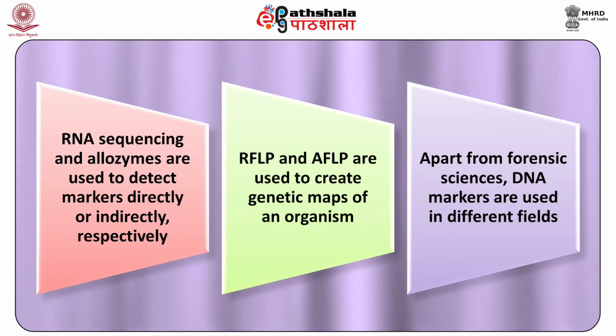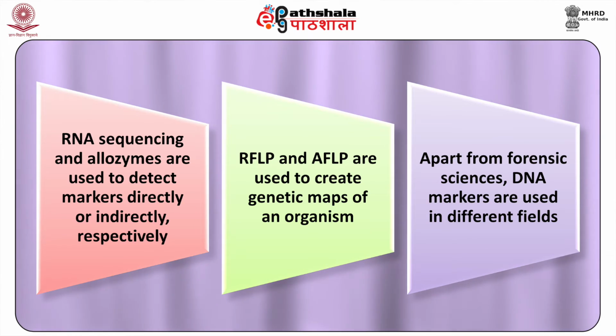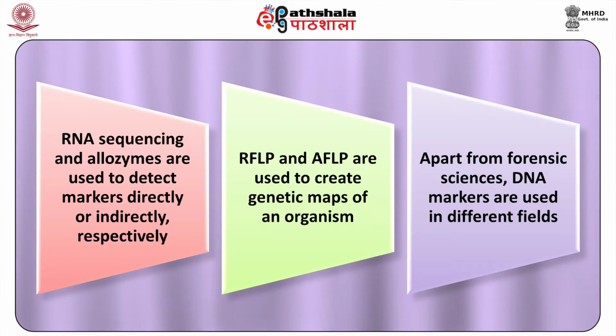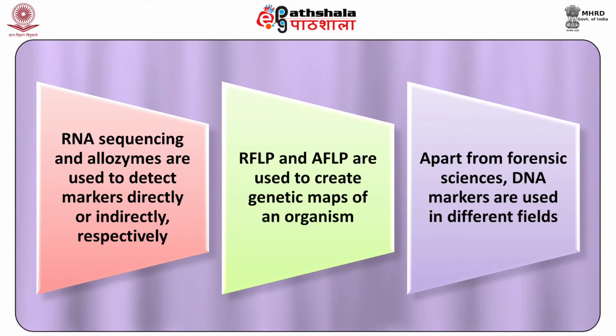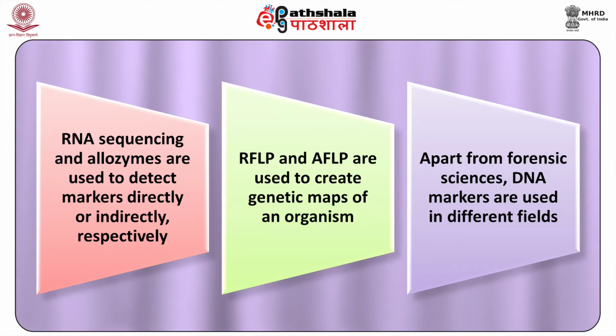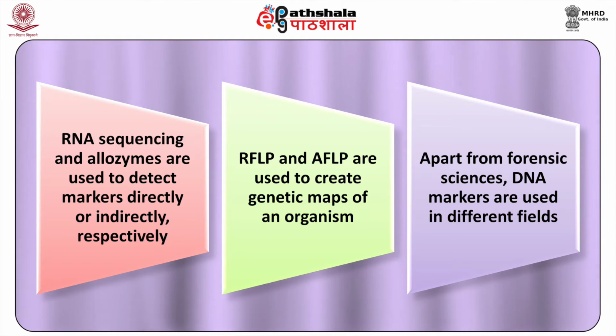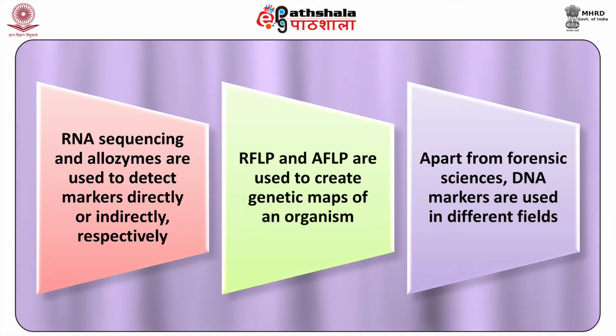RNA sequencing and allozymes are used to detect markers directly or indirectly respectively. RFLP and amplified fragment length polymorphism are used to create a genetic map of an organism.